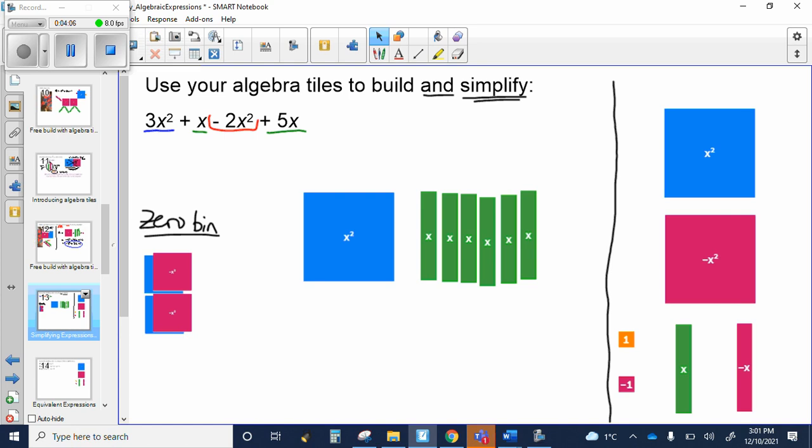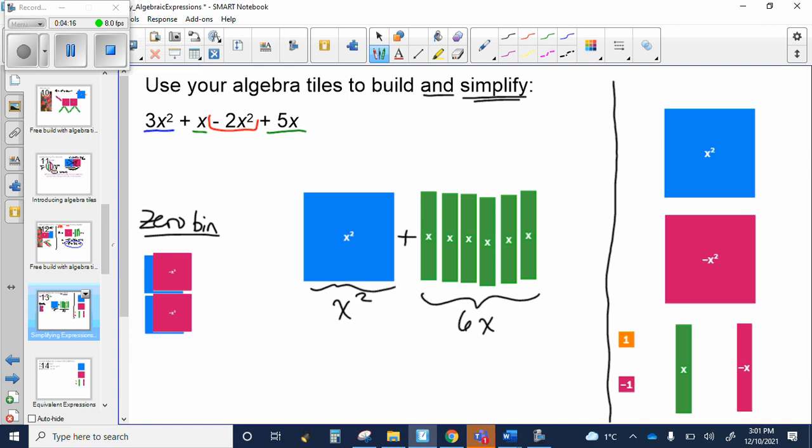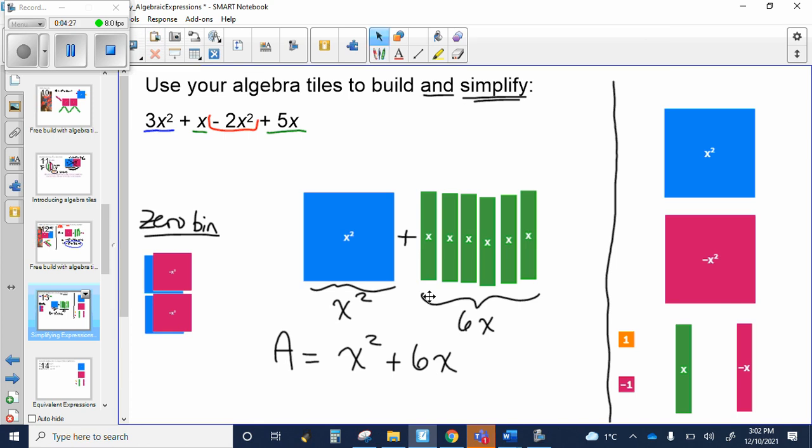So how many of these tiles do we have? Over here we have 6 in total. We're adding these together, and here we have an x squared tile. So the area in total would be one of these x squared tiles plus 6 more x tiles. And that's it.